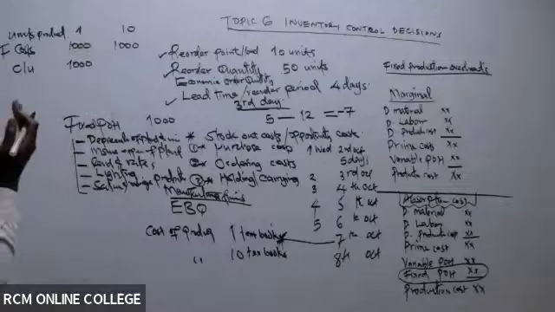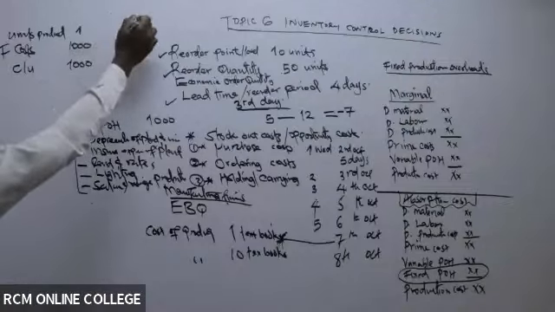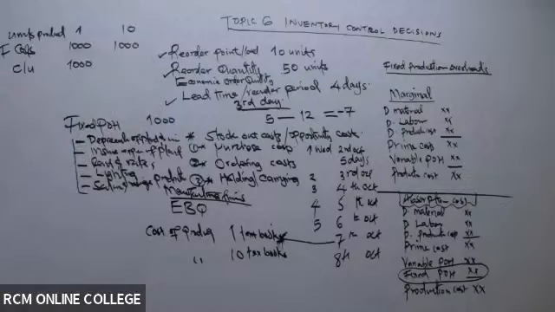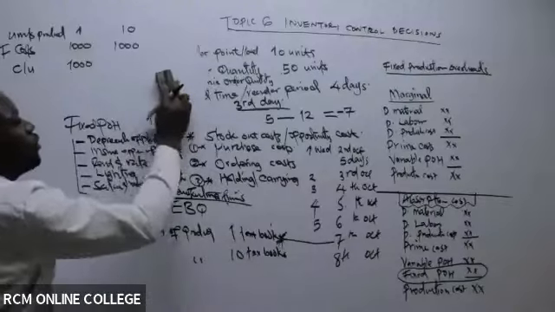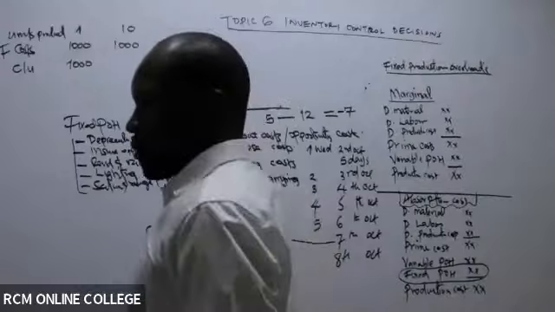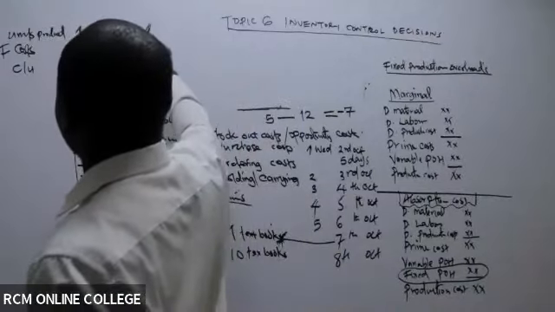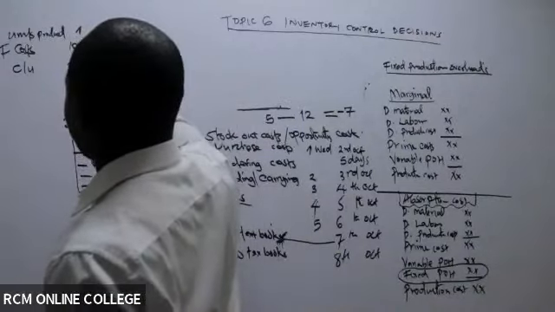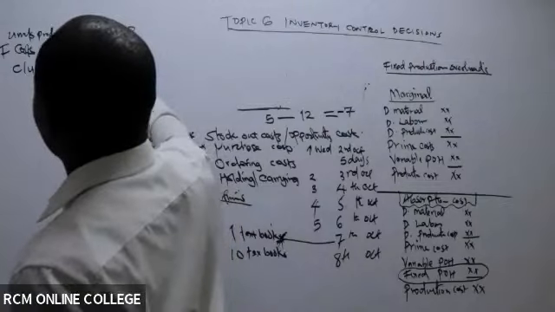So that's 1,000. How about if you manage to produce 10 units? So 10 units here. 1,000 divided by 10, we'll be having 100, right?